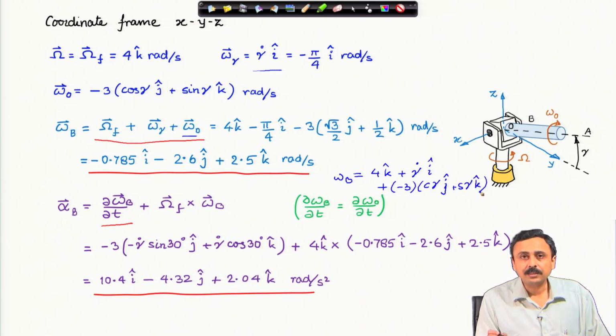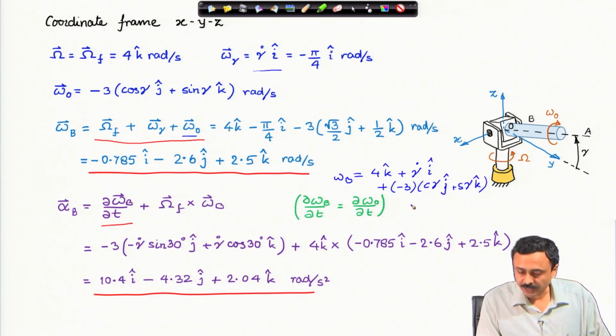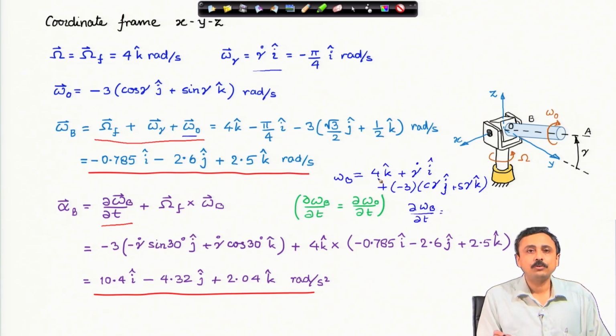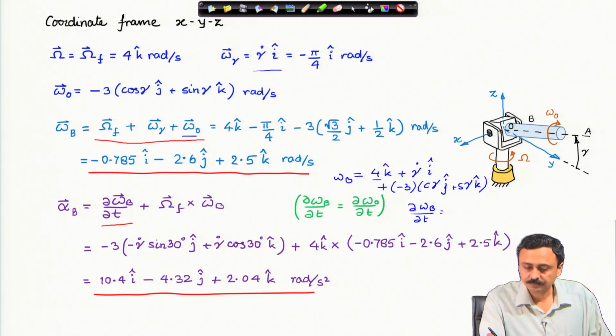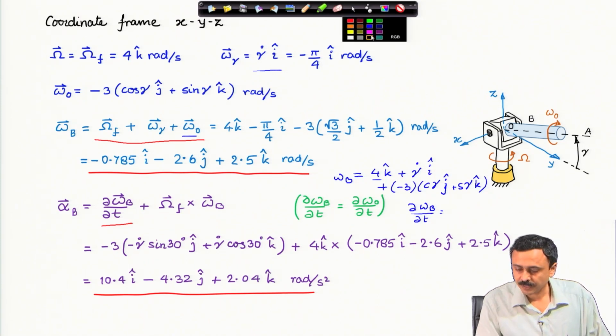When you take the local derivative of this vector, local derivative means which does not differentiate the frame vectors. For this, it is a constant, therefore its local derivative is 0.